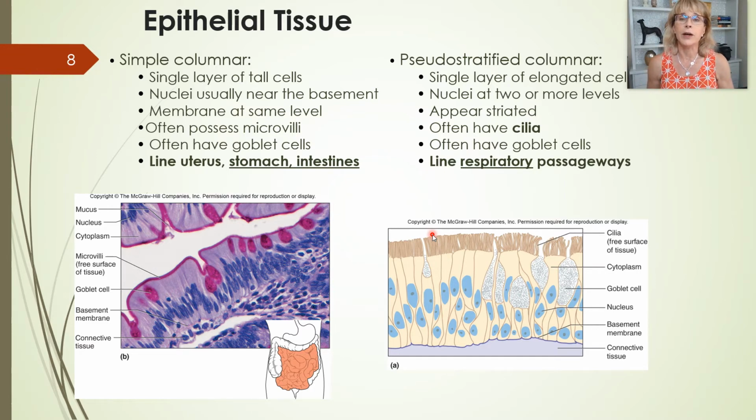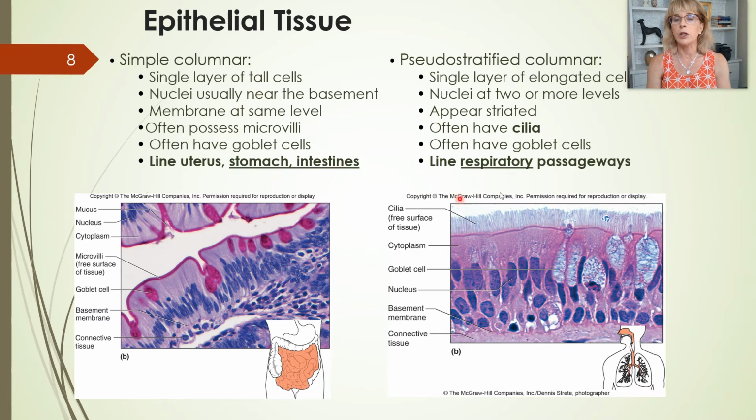So pseudostratified. Now, these are really important because they line the respiratory passageways. So your trachea is lined with these, your nose is lined with these, your bronchi are lined with these, right? And this is what it looks like. And you see this pretty fringe on the outside, those are cilia.